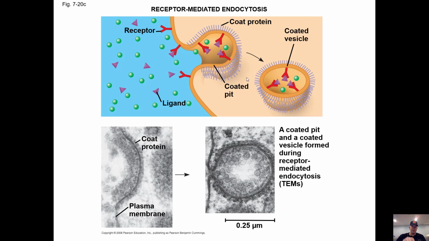Those items, whatever they are, will land on those receptors. And once enough receptors have been filled, it creates this little pocket here, which is similar to pinocytosis instead of making arms like phagocytosis. It makes a little pocket and brings the materials in, and then it'll actually recycle those receptors so they can be used.